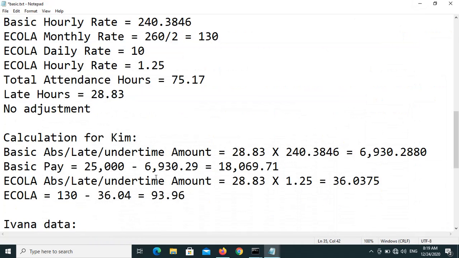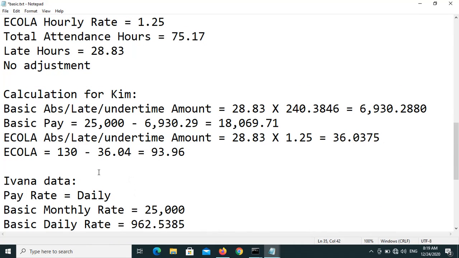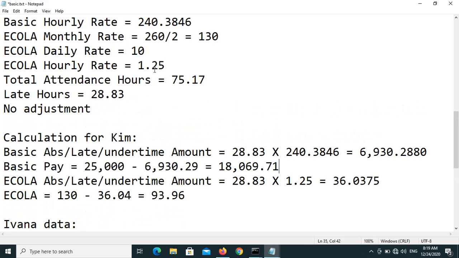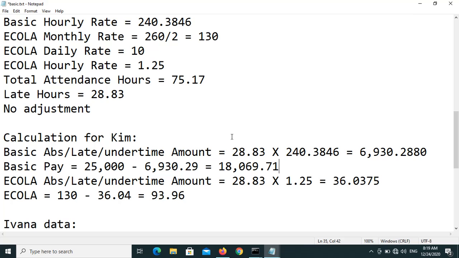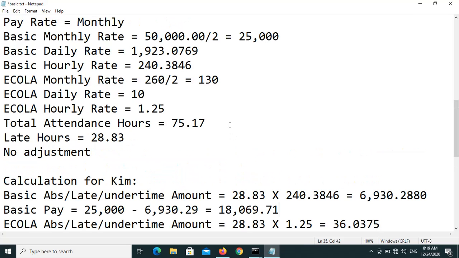Now let's go to the ECOLA. Now for ECOLA, it will be again half of the monthly rate, which is 130, minus 36.04, which is actually the deduction of the total number of hours of late and undertime, multiplied by the hourly rate for ECOLA, which is 1.25.